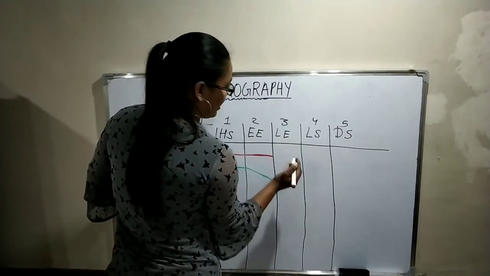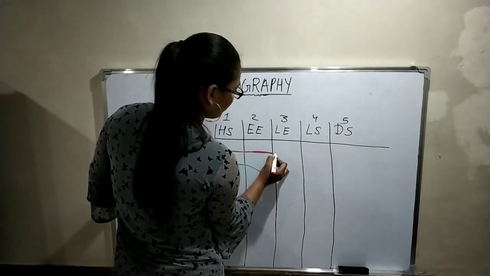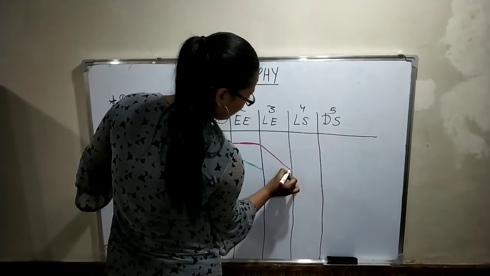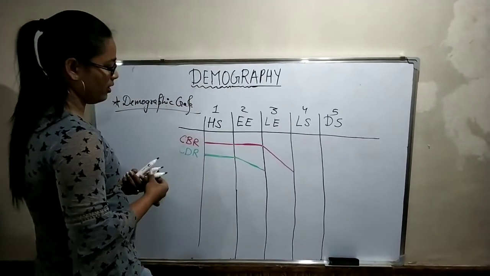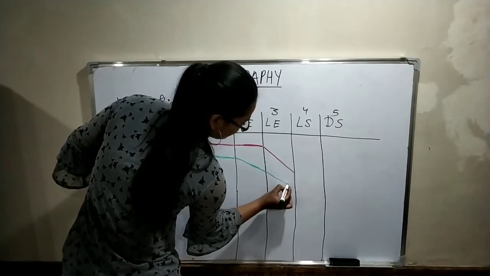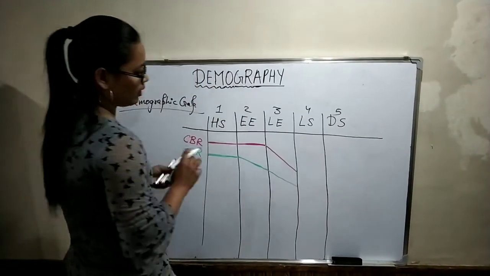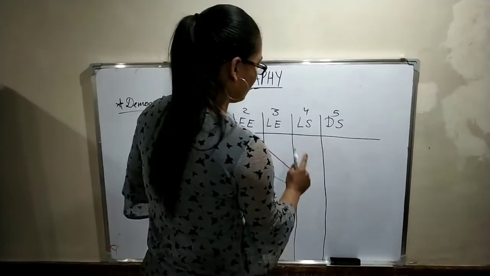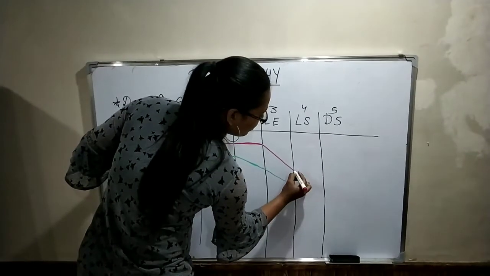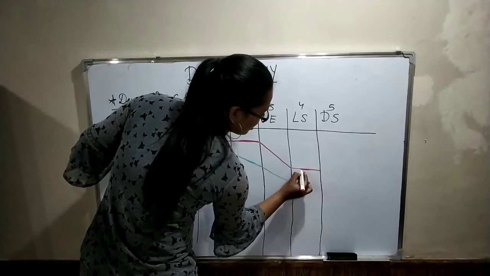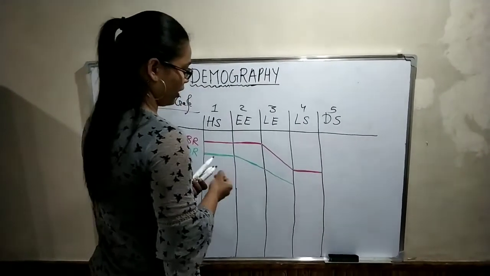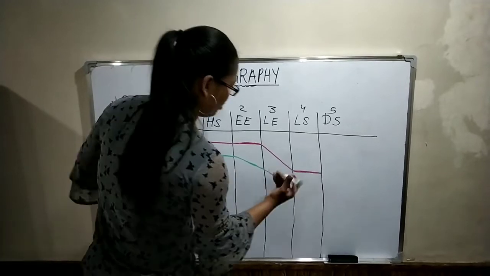In late expanding stage, crude birth rate also starts declining, and crude death rate is already declining. And then in low stationary stage, crude birth rate is stationary but low, and crude death rate is also low.